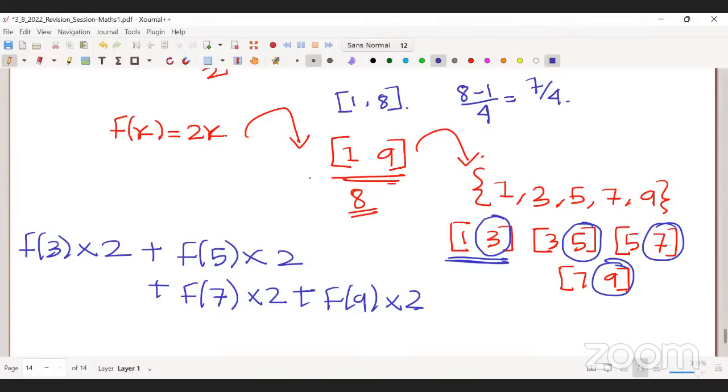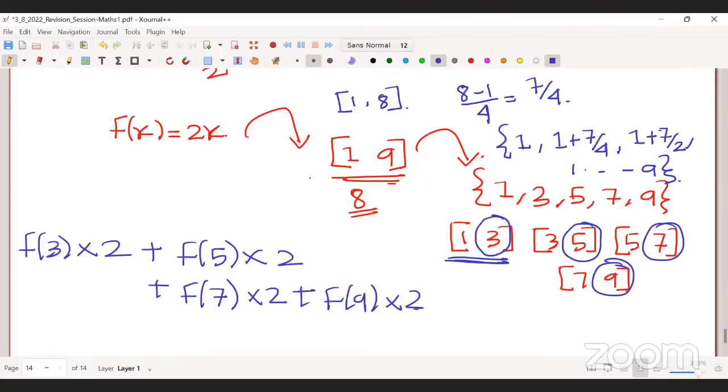Then what will be the partition? First 1, then 1 plus 7 by 4, then 1 plus 7 by 4 plus 7 by 4, which is 7 by 2. Then you have to go up to 8.